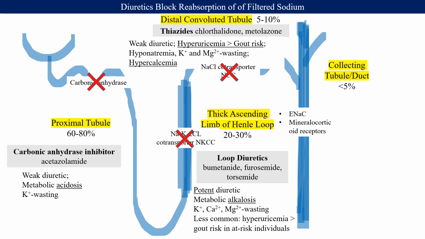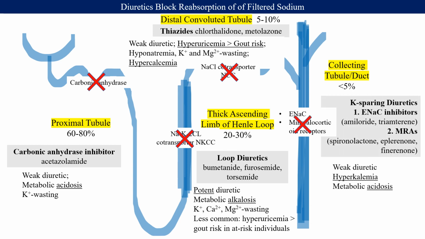Of note, thiazides are associated with hypercalcemia, not hypocalcemia as seen with other classes of diuretics. Additionally, thiazides can increase uric acid reabsorption, thus hyperuricemia, and predispose at-risk individuals to gout attacks.